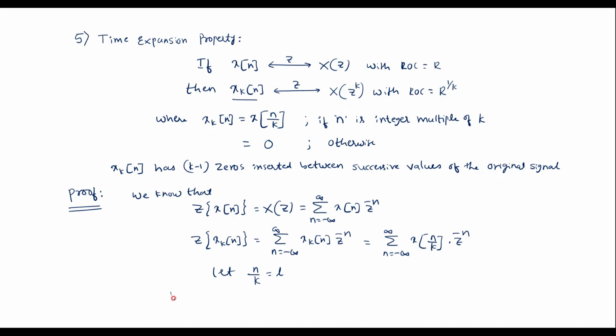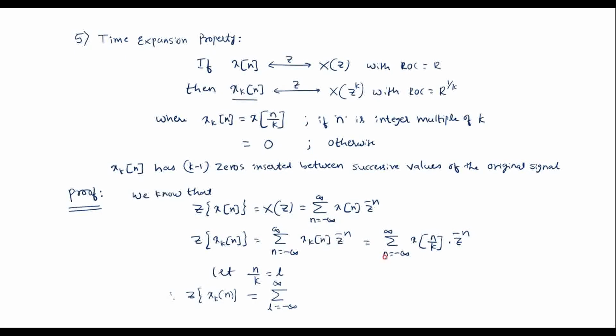So therefore now we can represent the Z transform of x_k(n) as the summation over L from minus infinity to infinity, as n and L are directly proportional.